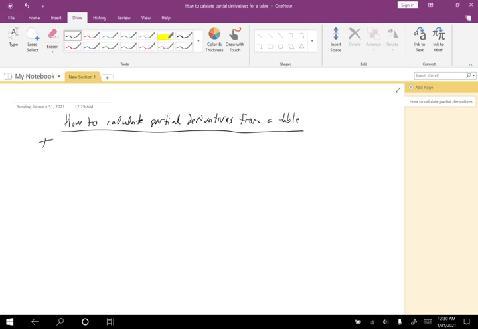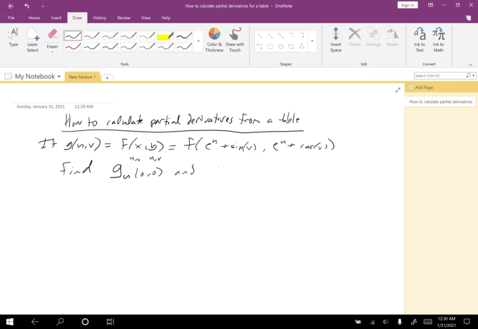If we have g of u and v is f of x, y, we're treating x and y as functions of u and v of this form, like e to the u plus sine of v, e to the u plus cosine of v, then the problem is to find the partial derivative of g with respect to u at 0, 0, and the same thing with v.